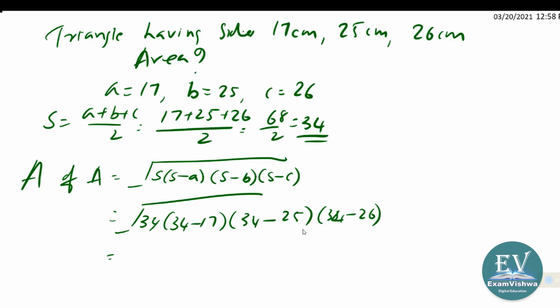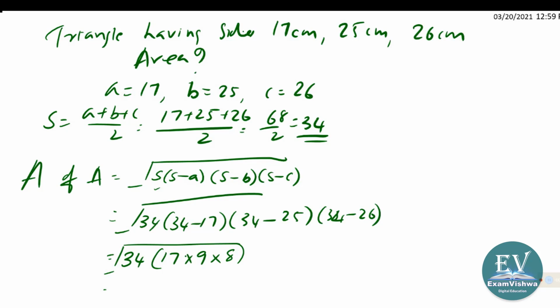We are having 34 all over here. Again 34 into 34 minus 17 is equal to 17 itself, into 34 minus 25 is equal to 9, into 34 minus 26 is equal to 8. You will solve this and find out the root of it.